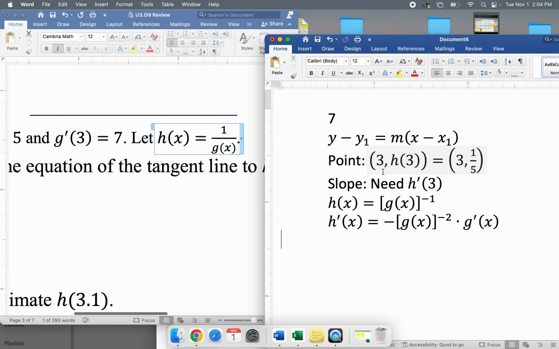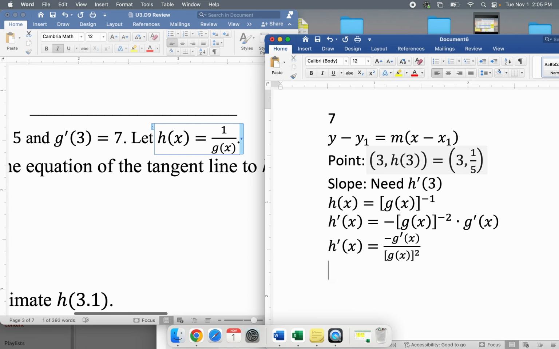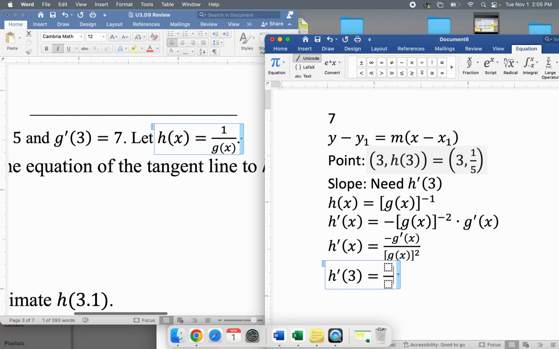So if you want to rewrite this not using negative exponents, you could say this is really negative g prime of x over g of x squared, right? I think that is what that really means. And so if we want to evaluate this whole thing at 3, then h prime of 3 is negative g prime of 3 over quantity g of 3 squared.